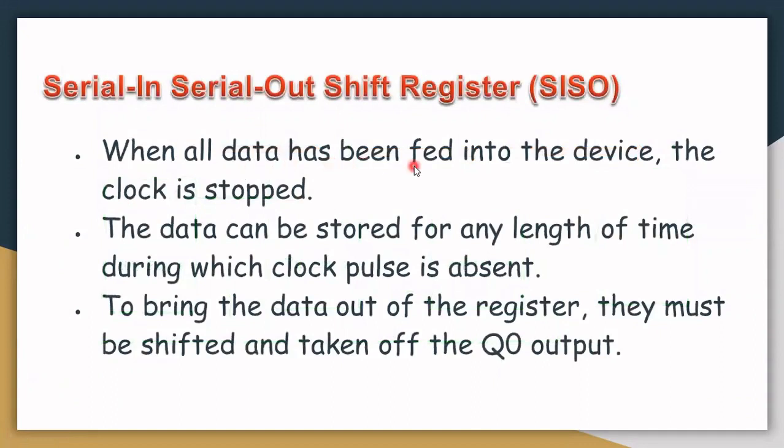When all data has been fed into the device, the clock is stopped. The data can be stored for any length of time during which the clock pulse is absent. To bring the data out of the register, it must be shifted and taken off the Q0 output.